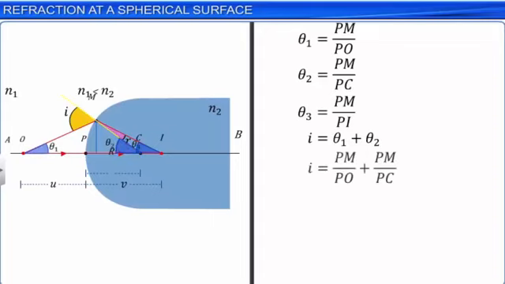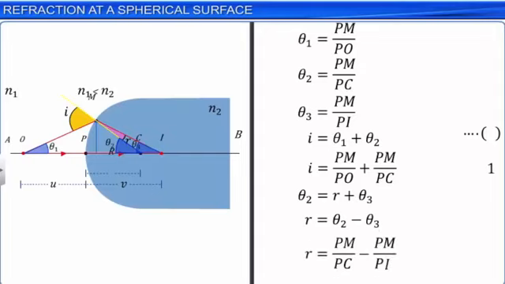But according to Snell's law, sin I by sin R is equal to N21, and we know that N21 is equal to N2 by N1. Therefore, N1 sin I is equal to N2 sin R. For small angles, this can also be written as N1I is equal to N2R.